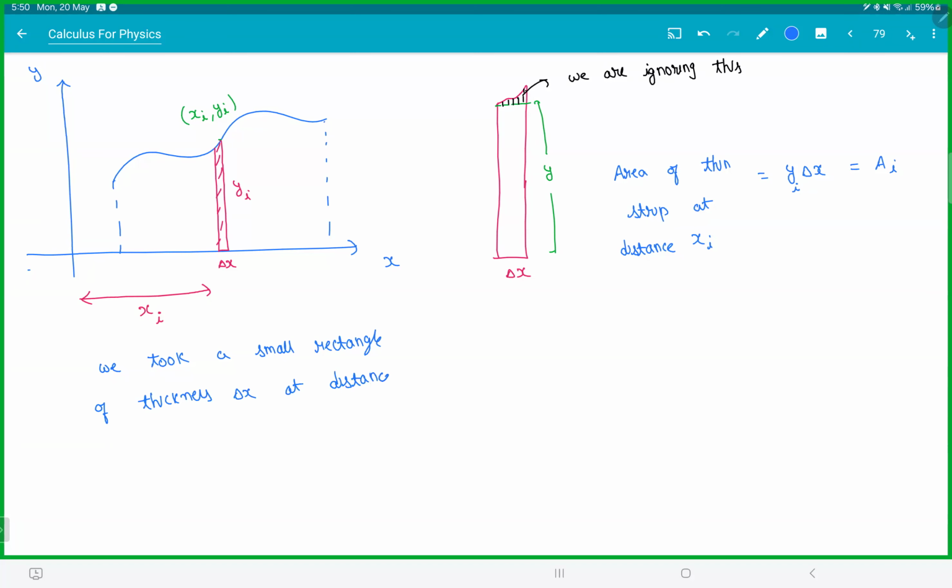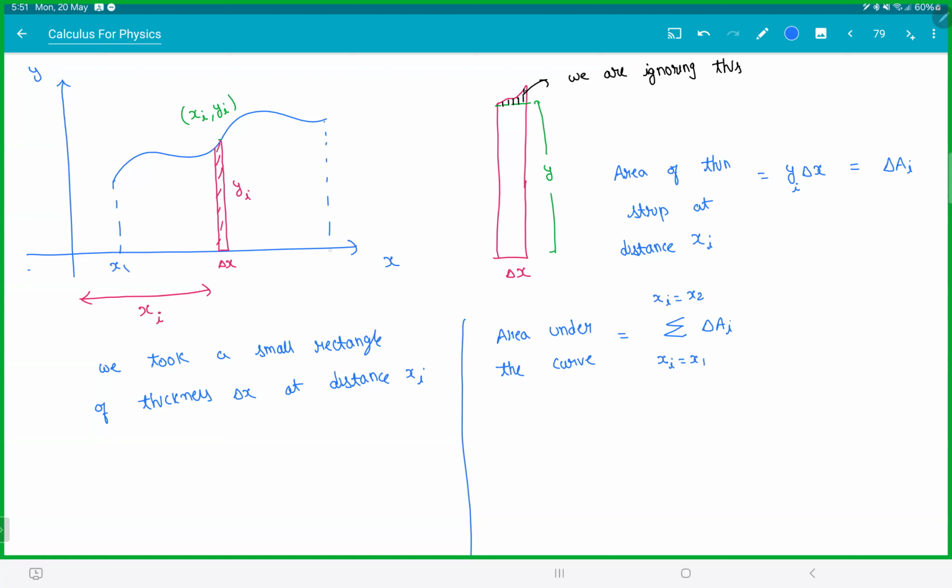So how does this solve our problem? So area under the curve would be sigma summation delta A i. So basically, we are adding up all these areas here, where xi will go from x1 to x2.